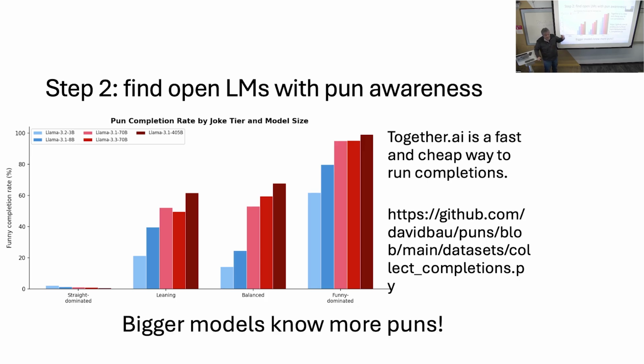A lot of the LLMs cannot do that, but some of them can. So this is the smallest LLM, and the dark red is the biggest one. You can see for this batch of jokes, the smallest LLM could only get 10% of them, and the biggest LLM could fill in the joke for 80% of them. So there's a real difference between the small and the big ones.